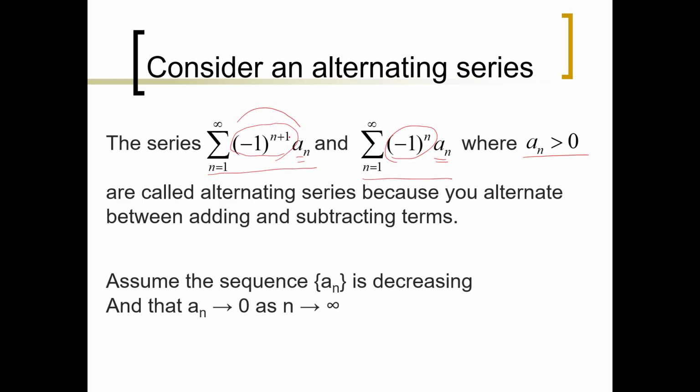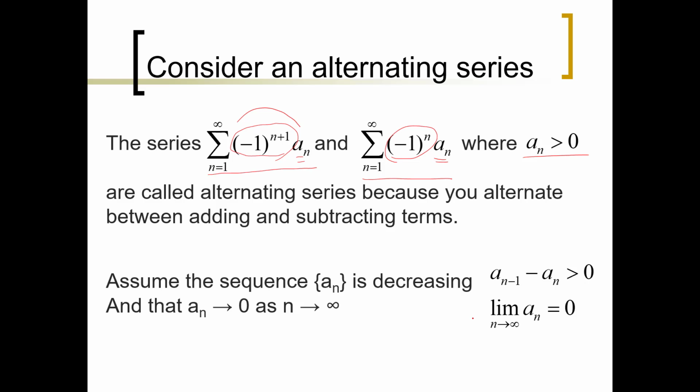Now our two assumptions, rewritten in notation, say that if you take a term minus the next term in that sequence, that subtraction must be positive because the sequence is decreasing. And of course, the limit of a sub n as n goes to infinity is 0.